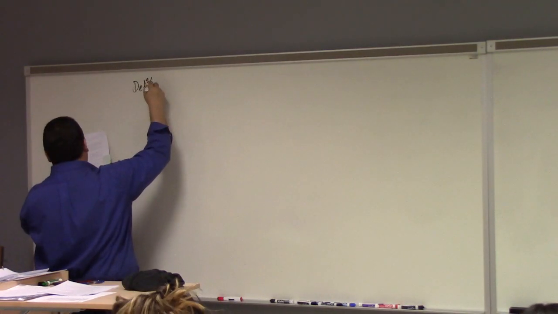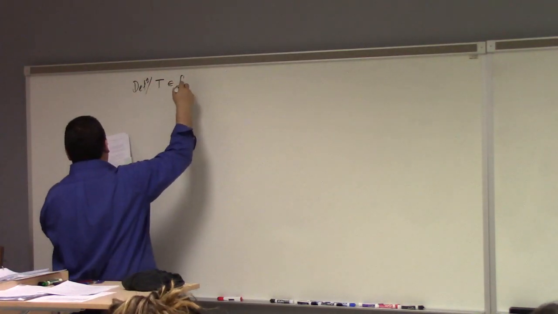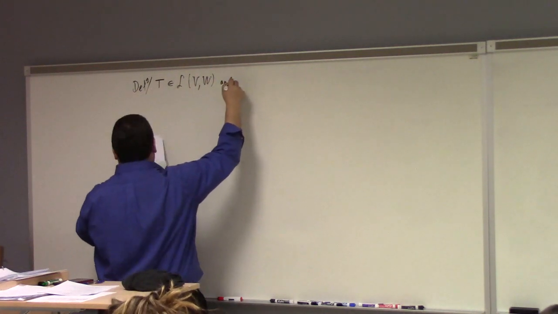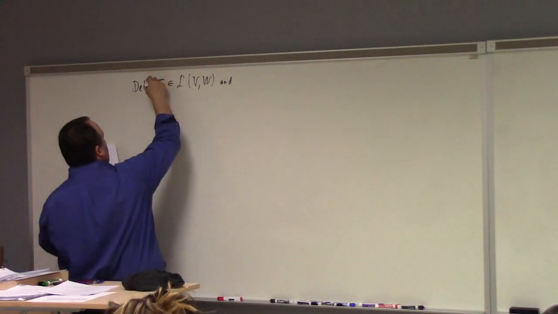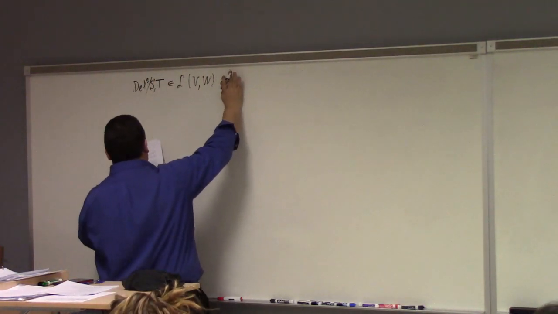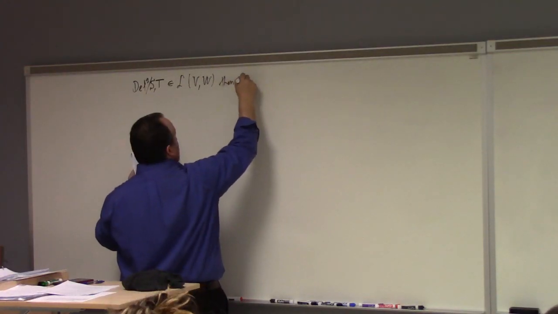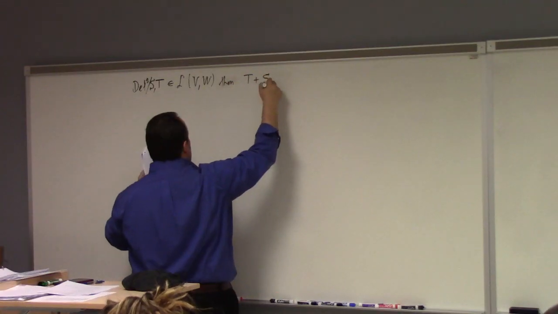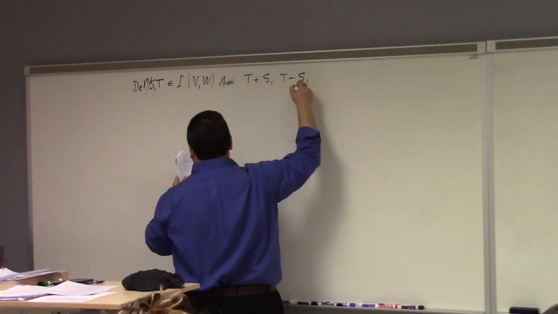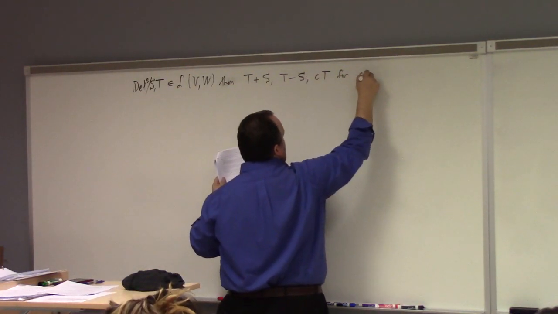So definition: if we have T, a linear transformation from V to W, and S also, S and T both linear transformations from V to W, then T plus S and T minus S and C times T for C in the field.